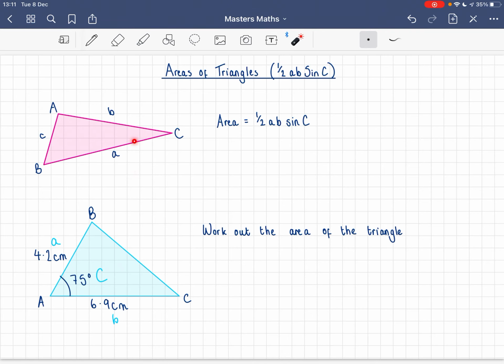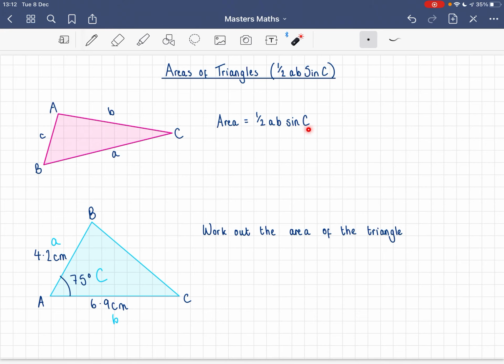So if this is angle A, side A is opposite it, and we use lowercase letters to label the sides. This is angle B, so side B is opposite it. Angle C, side C is opposite it. And that's how you label the sides.